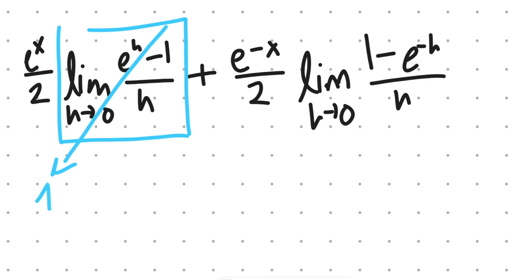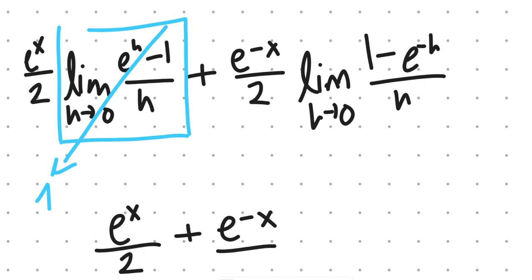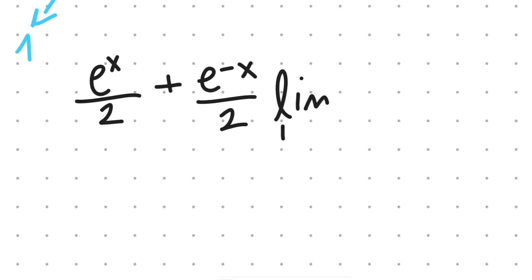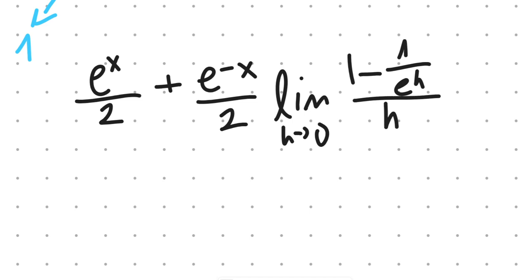So this is equal to e to the x over 2 plus e to the negative x over 2 times the limit as h approaches 0 of 1 minus 1 over e to the h, over h, since e to the negative h using our exponential property is equal to 1 over e to the h.